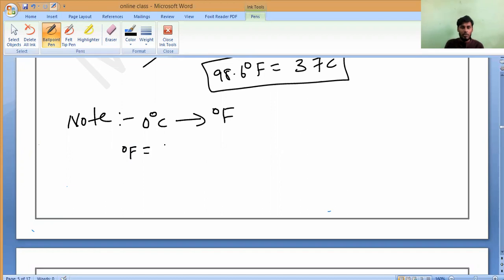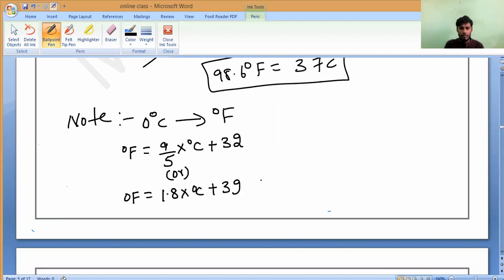Degree Fahrenheit equals 9 by 5 into degree Celsius plus 32, sir. Another formula is degree Fahrenheit equals 1.8 into degree Celsius plus 32, sir. Understand, Kaushik? Next, degree Fahrenheit to degree Celsius.